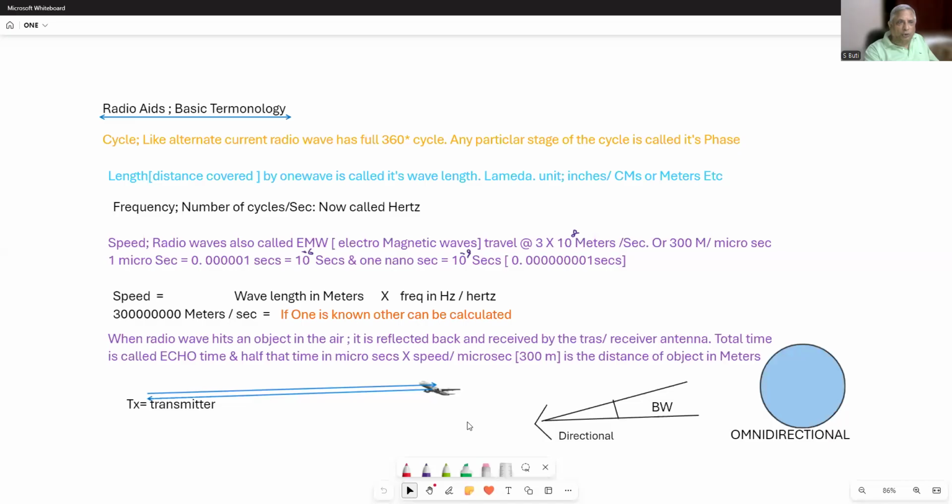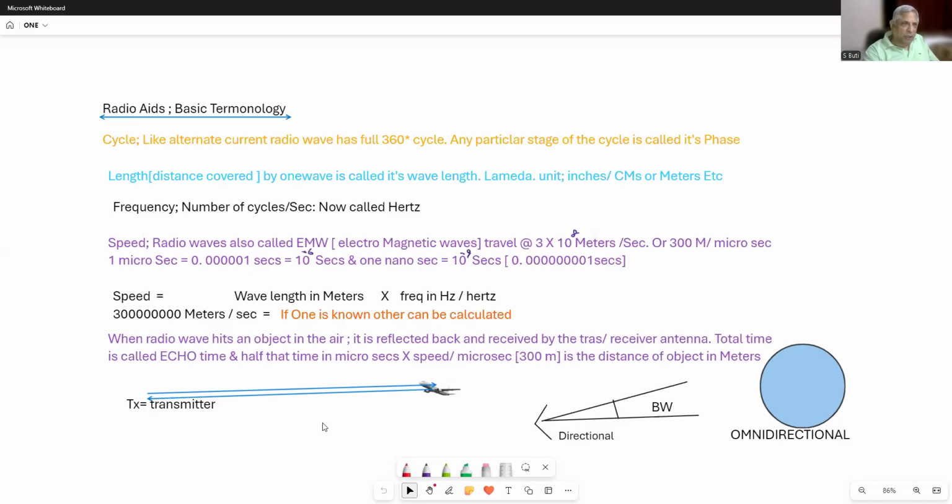We have done a number of numericals so far in navigation. And today, we are going to start with the radio navigation aids. No need for me to emphasize the importance of this subject.